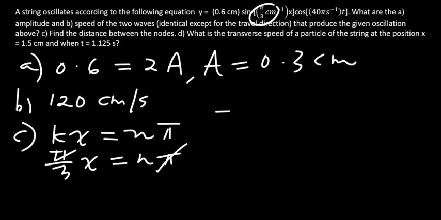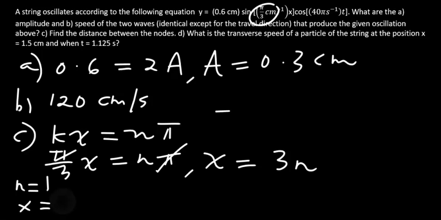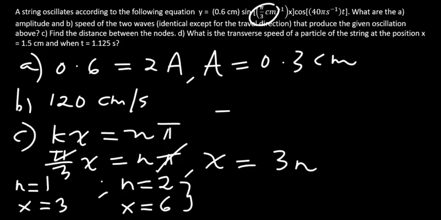So pi goes away, and you see the positions of nodes are given by 3 times n, meaning the node that corresponds to n equals 1 occurs at x equals 3, and the node that corresponds to n equals 2 occurs at x equals 6. So the distance between these is 6 minus 3, which is 3 centimeters. And that's the answer for part C.